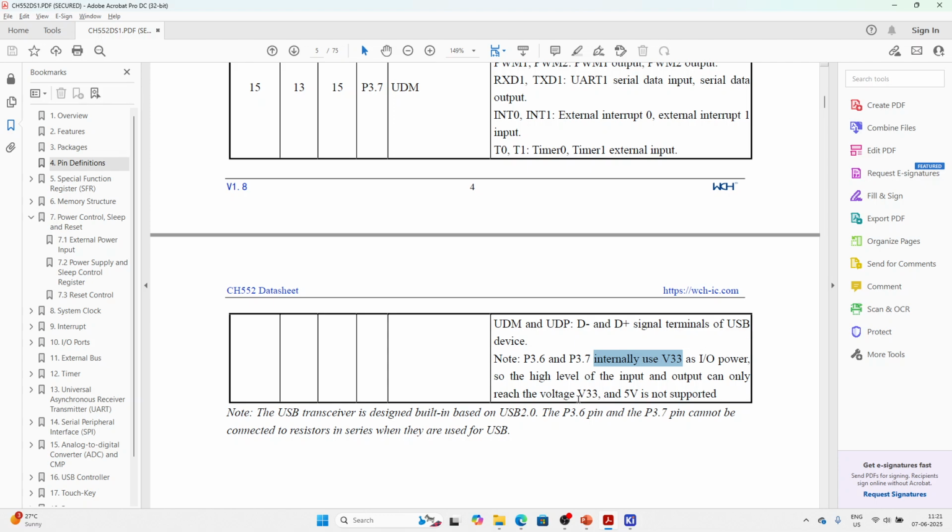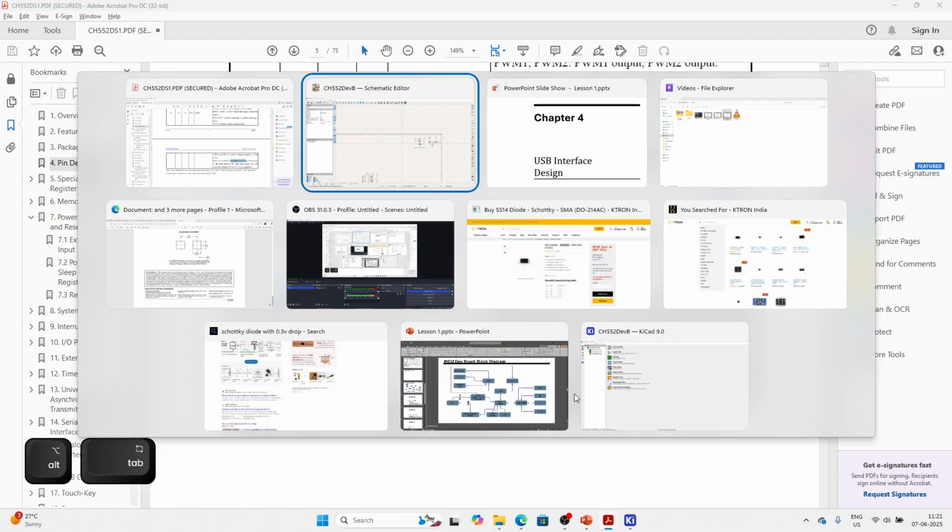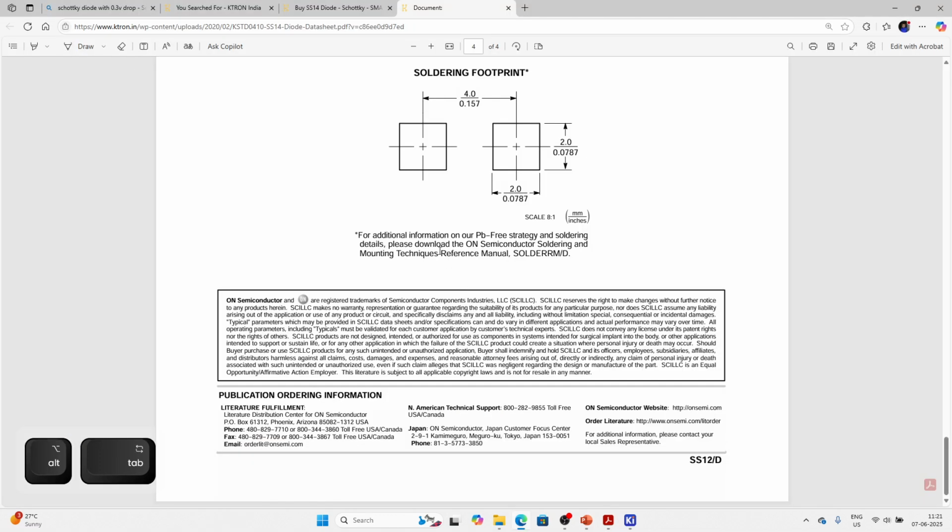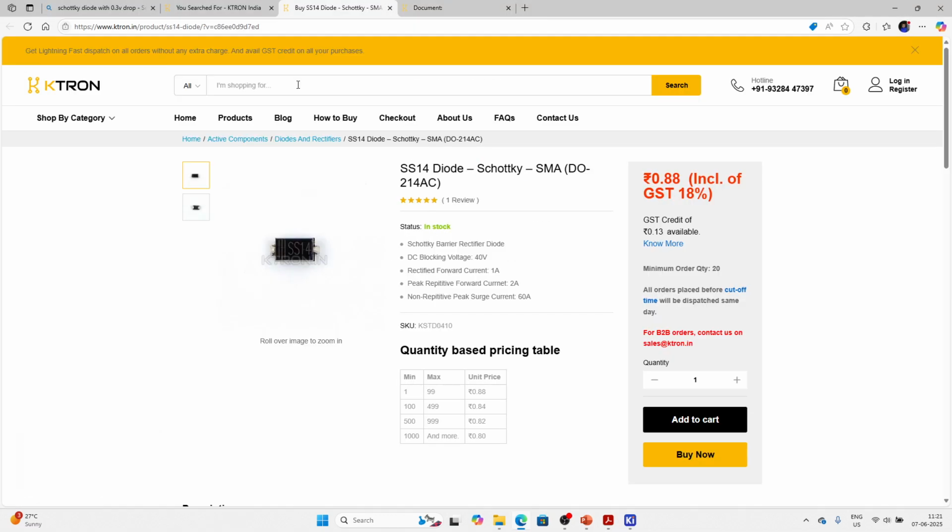This cannot exceed 3.3 volts, so we need to make sure that we have that 3.3 volts fixed.